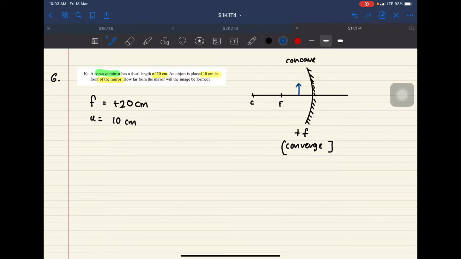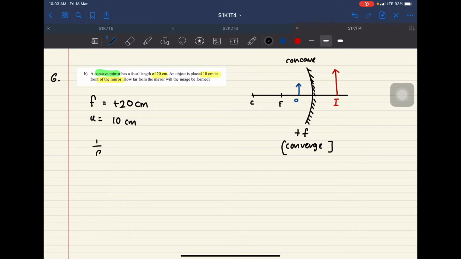As a result, if you do ray diagrams multiple times, you can predict that the image would form maybe somewhere over here. If you're not sure, you can always check by drawing the ray diagram itself. After we solve, we can see whether this agrees with our calculation.